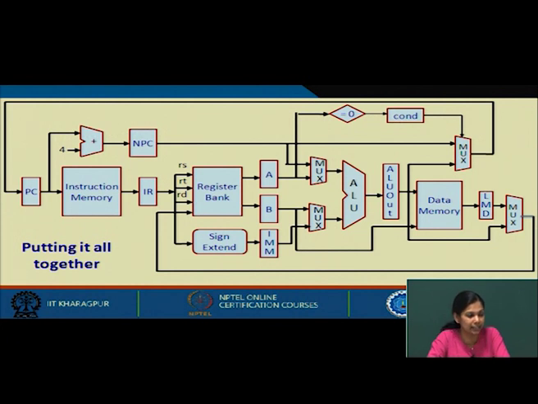In that case, it hits the data memory, the data is read and stored in a register known as LMD. And finally, from LMD, it is written to the register bank in the write back step.